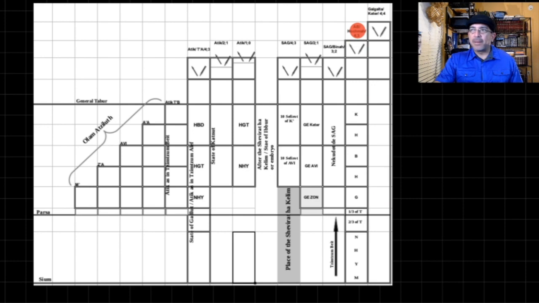Partzuf Ab, Partzuf Sag, is gonna be also Partzuf Ma and Partzuf Bon. And when we touch base on that, that's gonna be probably in the next lesson.